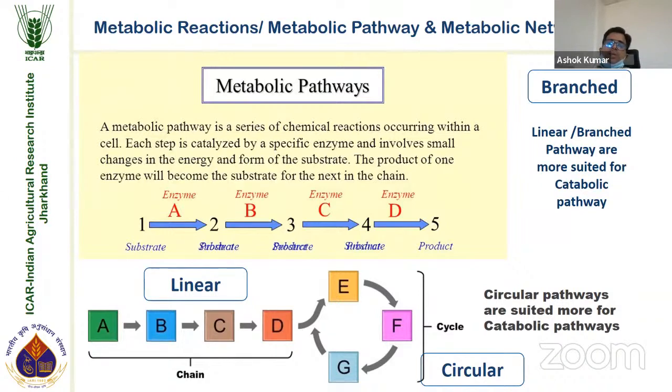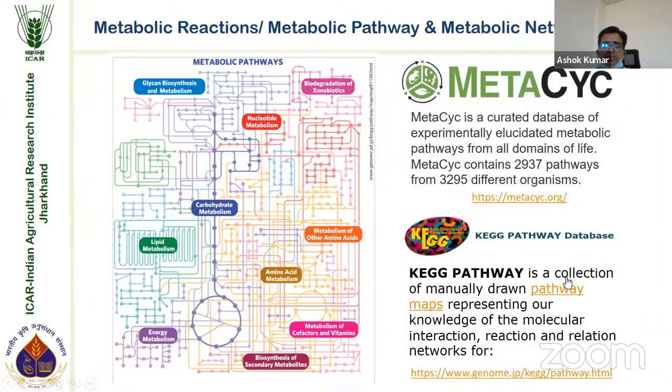So circular pathways are more suited for catabolic processes, whereas linear pathways are more suited for anabolic pathways.